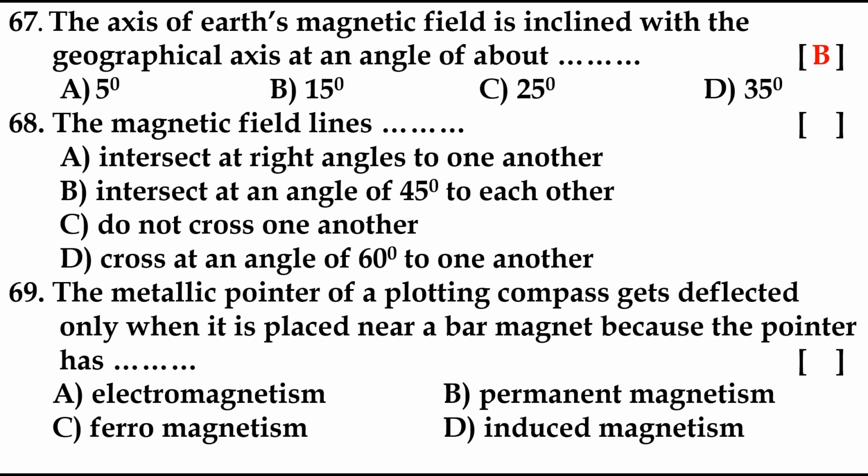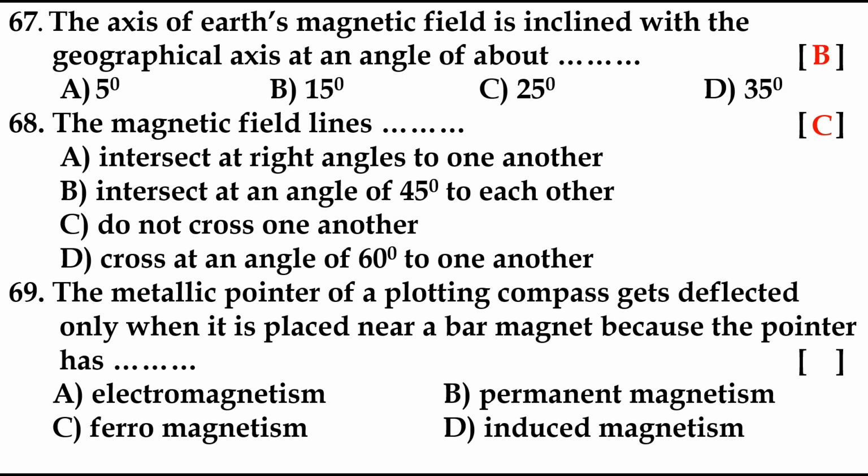A. Intersect at right angles to one another, B. Intersect at an angle of 45 degrees to each other, C. Do not cross one another, D. Cross at an angle of 60 degrees to one another. Answer is option C. Do not cross one another.